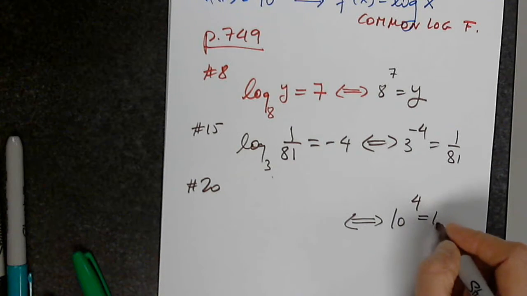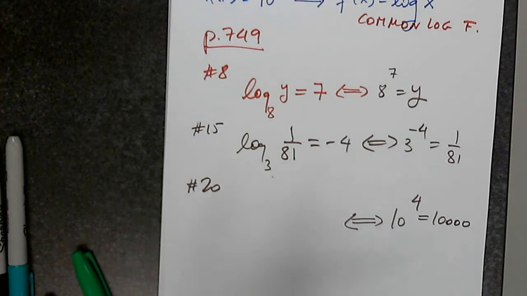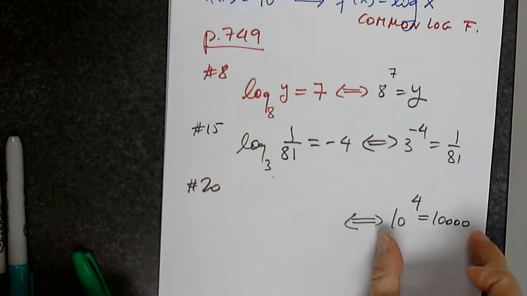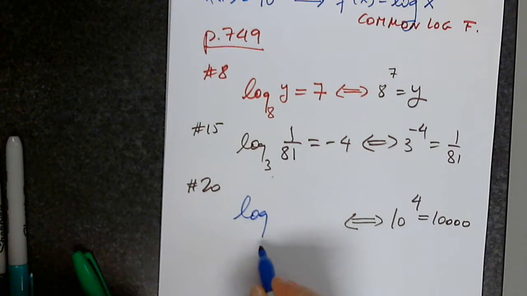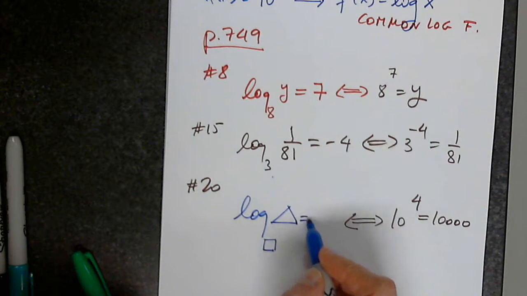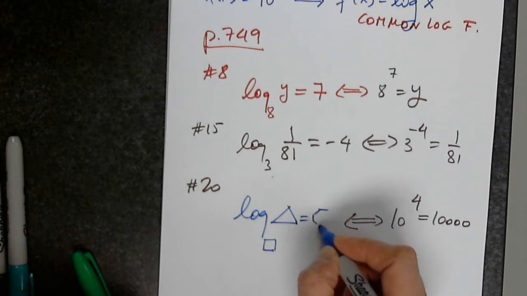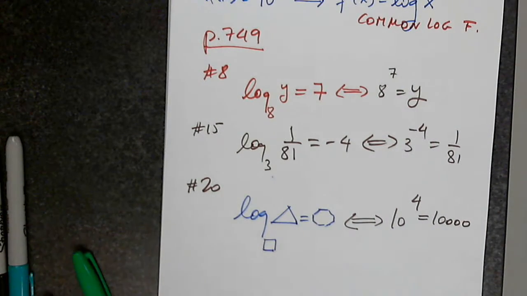10 to the 4th equals 10,000. Going backwards from an exponential to a log is slightly more difficult, but it doesn't have to be if you follow this. So you have the right-hand side, and the left-hand side has to have a log. I have to have a number here, and here, and here. You don't have to use my symbols, of course.